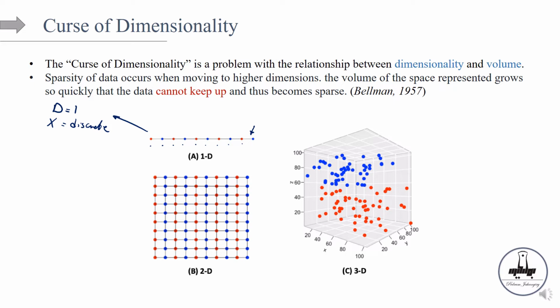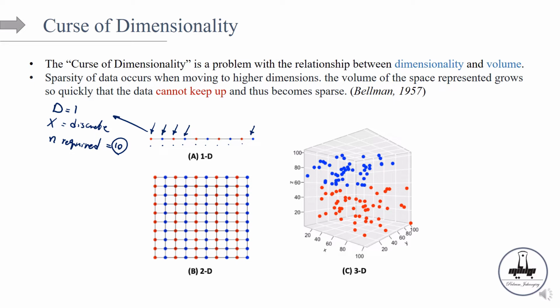What is the number of required observations to basically span the entire space here? The answer is going to be 10. If I have 10 observations and assuming the random variable is discrete, then I only need 10 observations to span the entire dimension, right?